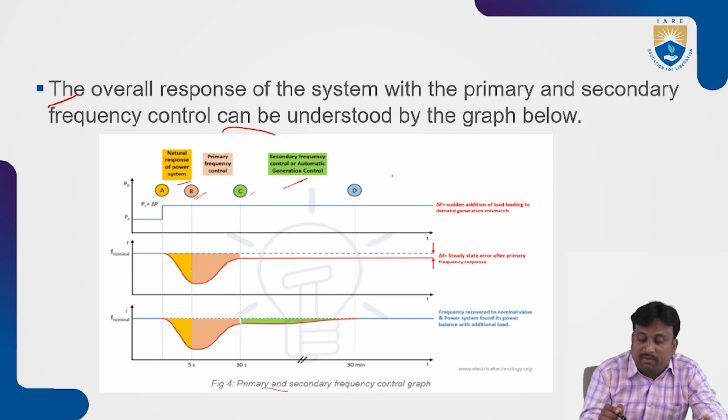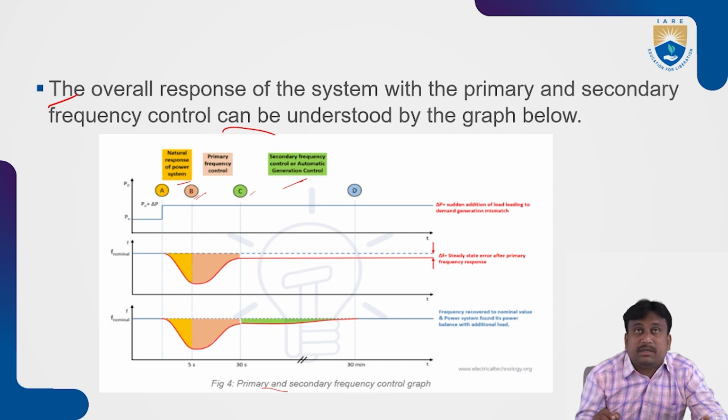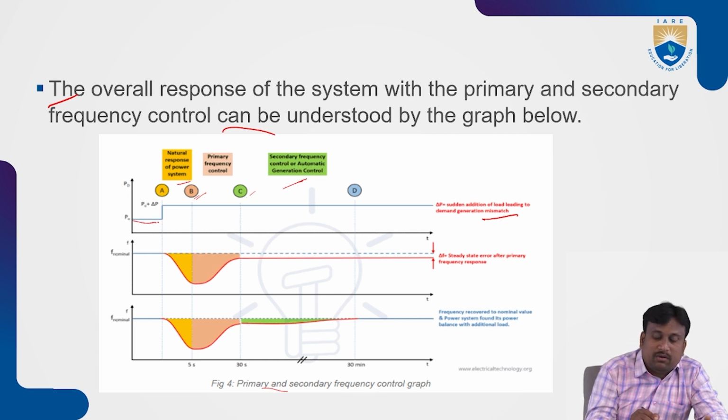D will follow, and here delta P represents sudden addition of load leading to a demand-generation mismatch, and it rises like this.